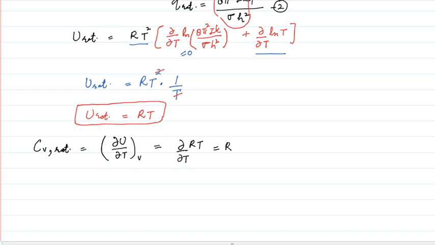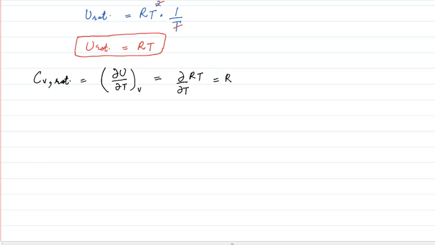So now we can derive one more quantity, that is the entropy, for this rotational case. Rotational entropy, you can say.